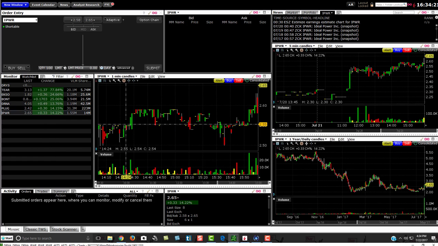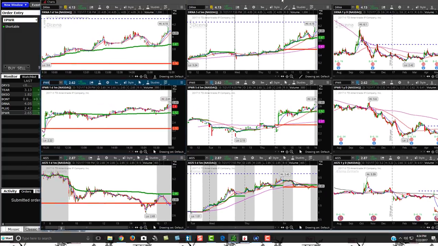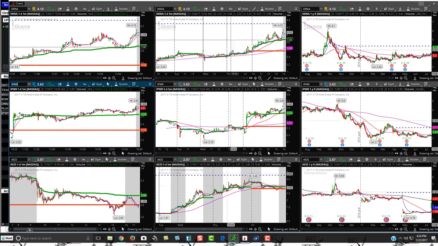So on my ones that I do on this, I ideally like to have ones that I can watch both ways, so I can just let the pattern form and decide what's happening. If it hits support, major support or resistance levels, I can play it either way. So ideally, I like to put ones on this watch list that I can play both ways.